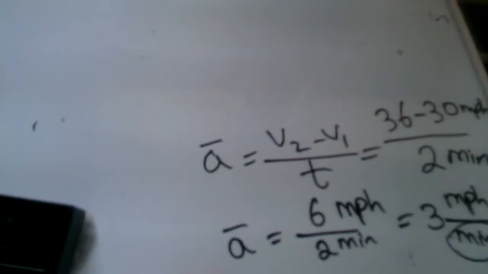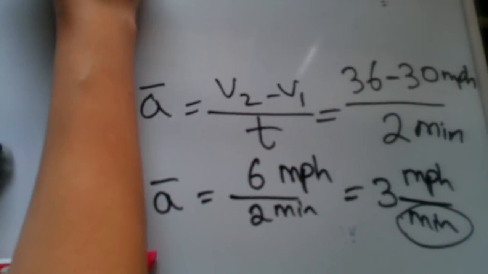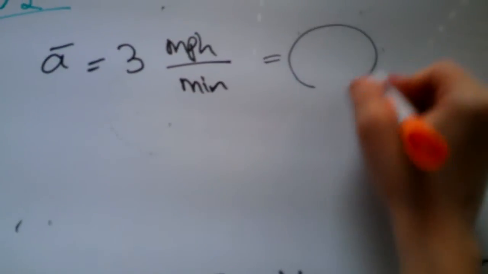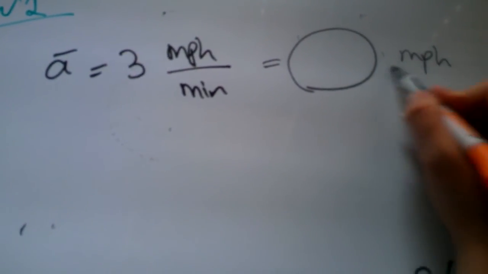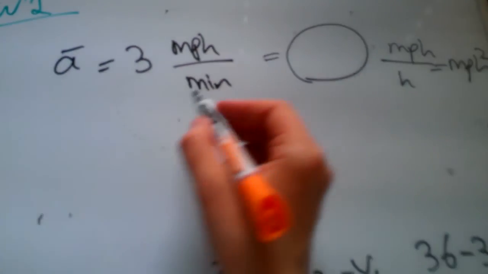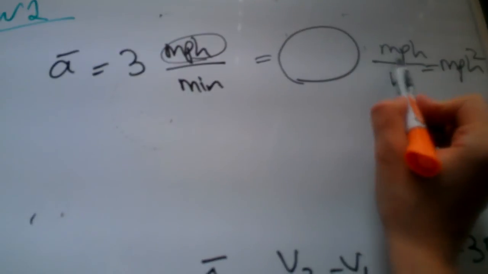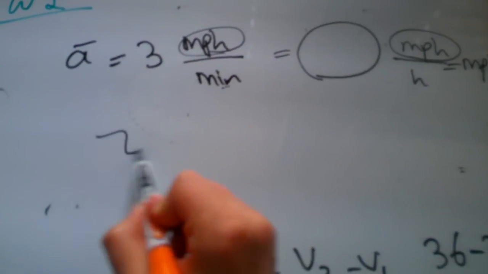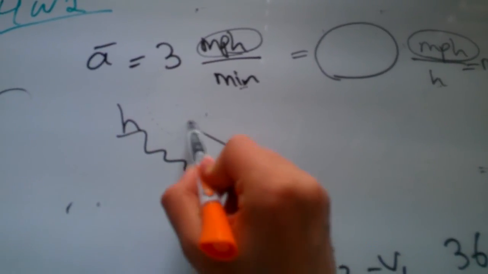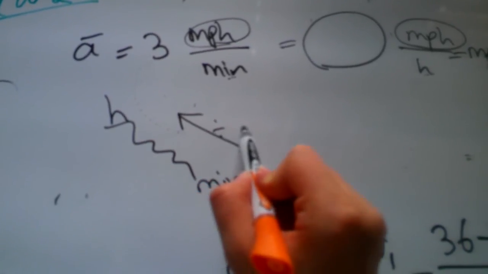Let me do that for you so that you get practice on how to convert. We got a equals 3 miles per hour over 1 minute. If I want to express this in miles per hour squared, I'm not changing the numerator, but I'm going from minutes to hours, which is another division, by 60. So 3 over 1, divided by 60.